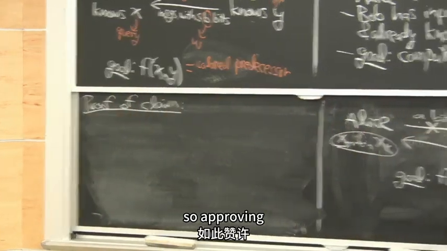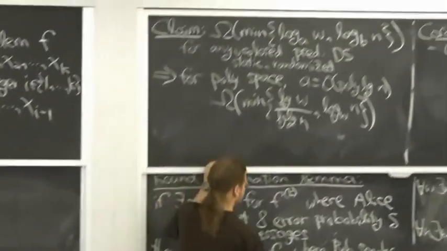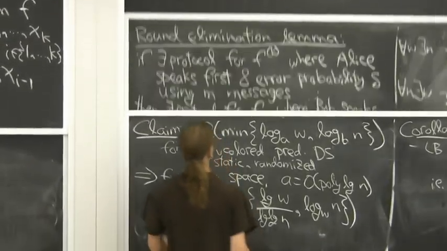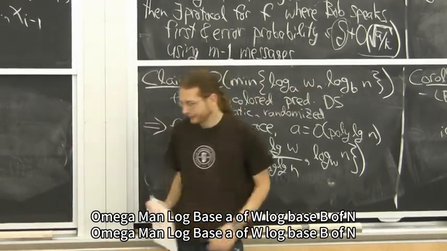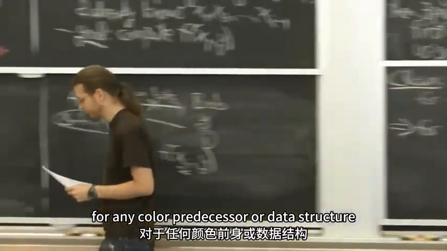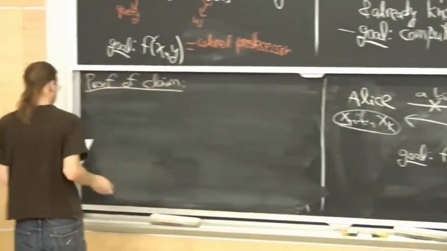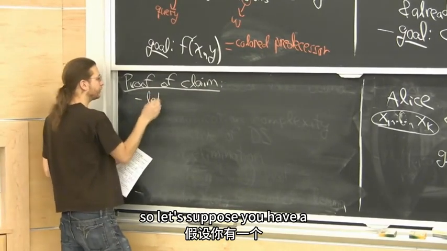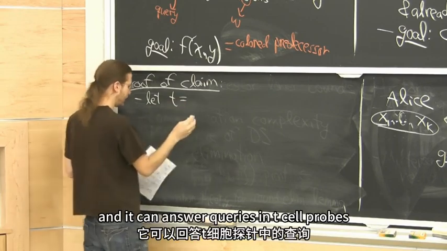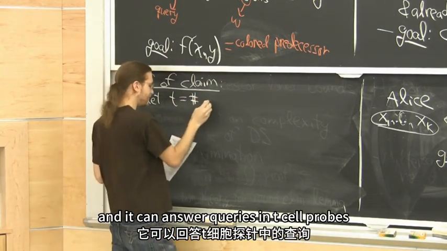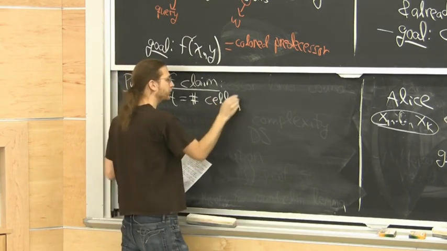So we're proving this claim here: Omega of min of log base a of w, log base b of n, for any colored predecessor data structure. Suppose you have a colored predecessor data structure that can answer queries in T cell probes.